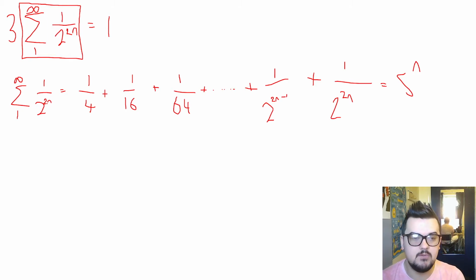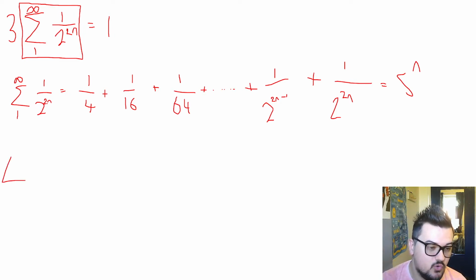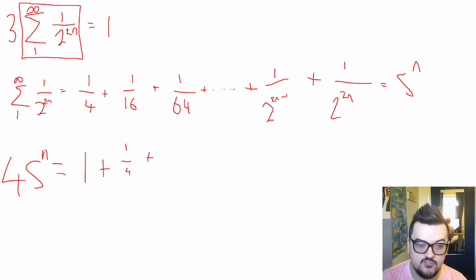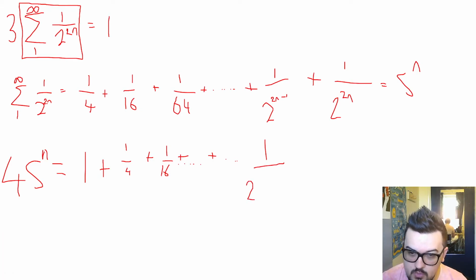And now we're going to multiply Sn by 4, this time instead of 2. So we're going to say that 4 Sn equals, now 4 quarters is just 1, 4 sixteenths is a quarter, 4 64ths is 1 16th, and so on and so forth, all the way to 1 over 2 to the something.